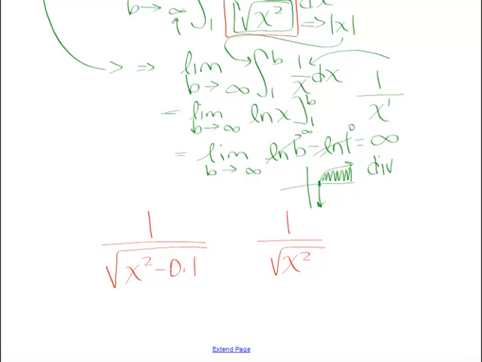I could do the limit comparison, the limit as x approaches infinity. Remember our known function, which I'm just going to call x. Our known function goes in the denominator. Our unknown function is our numerator function.